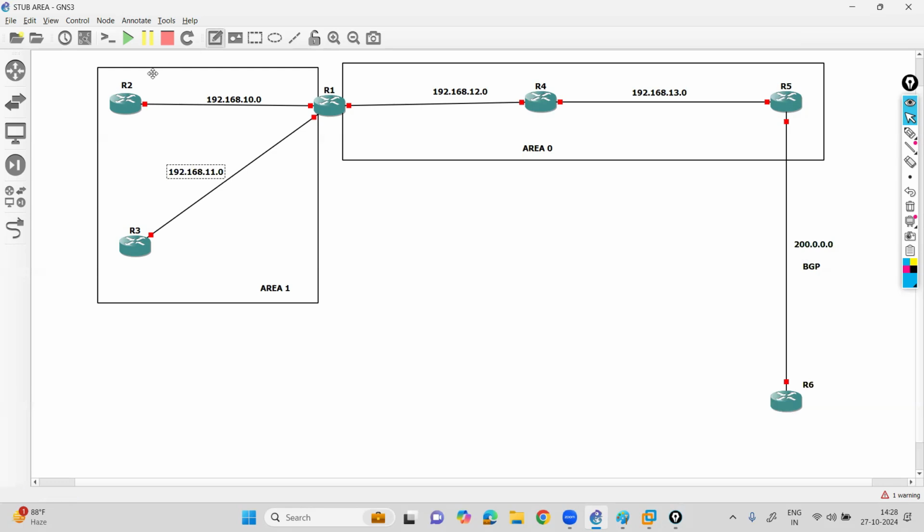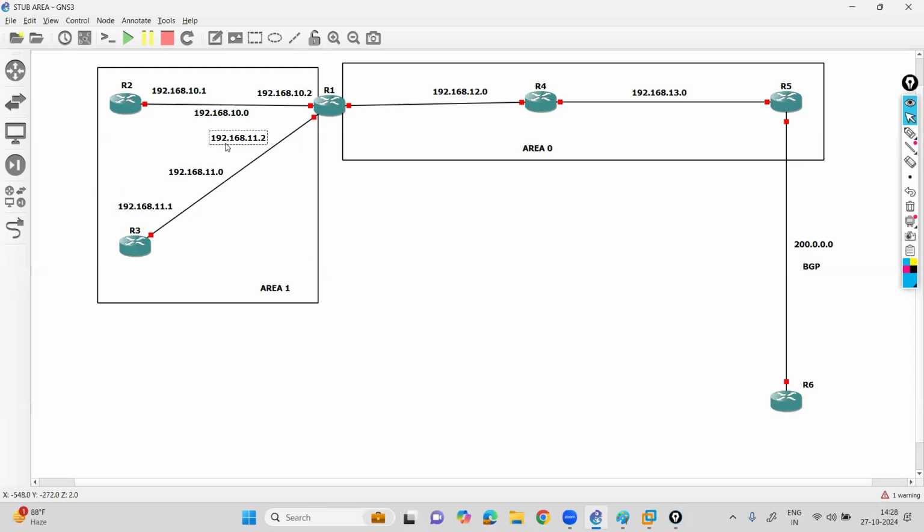Let me also provide the IP addresses. This is 192.168.10.1, and this one is 192.168.10.2. Clear? Here we have the IP addresses 192.168.11.2 and 192.168.11.1.